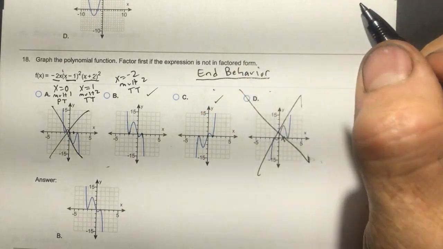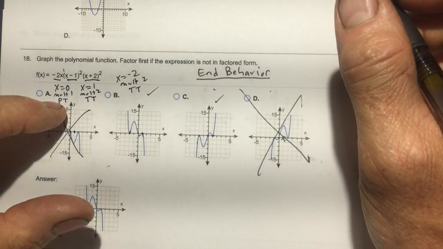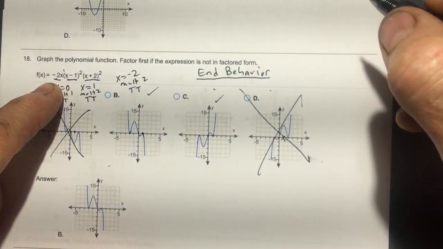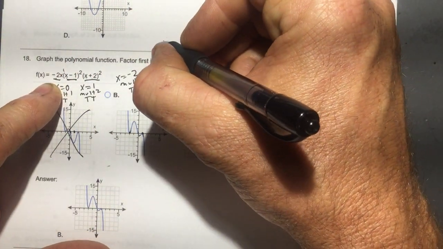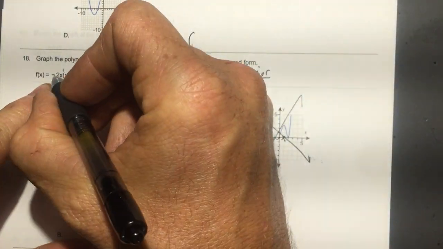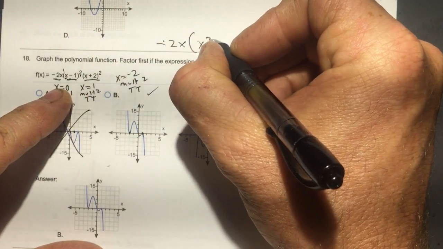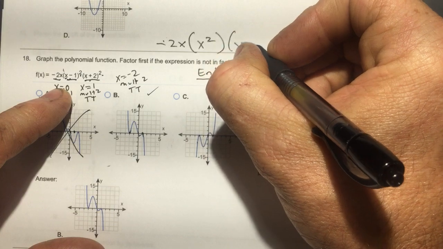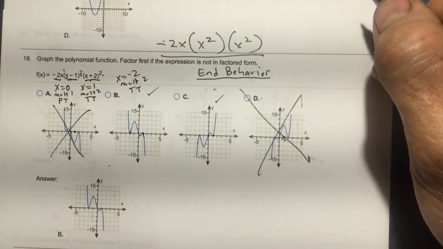The end behavior is from my lead term, which is going to be a product of the lead terms of each factor. So in this one right here, I've got -2x. I'm going to write it up here. In this lead term, it's x, but it's squared. In this one, it's also x, and it's squared. If I multiply these together, that's my lead term.